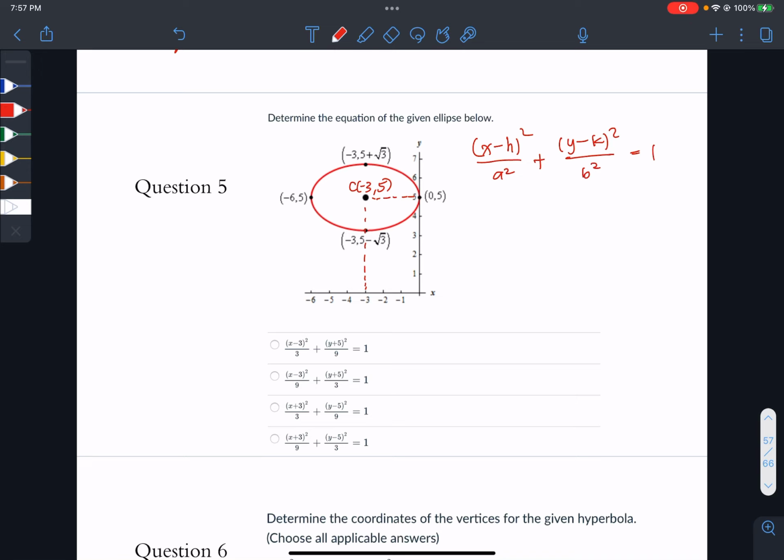So, that will be ang h natin, which is negative 3. So, that will become positive 3 siya, no? So, x plus 3, then square. And plus y minus k. So, ang k natin is 5. So, y minus 5 square.